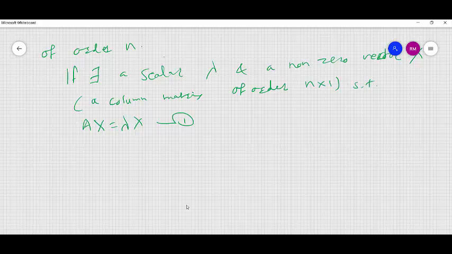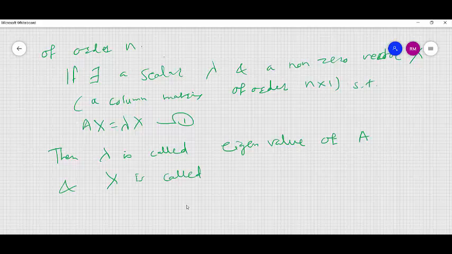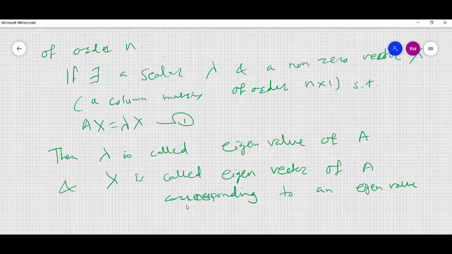And if Ax equals lambda x, then lambda is called an eigenvalue of matrix A. And x is called an eigenvector of matrix A corresponding to an eigenvalue lambda.